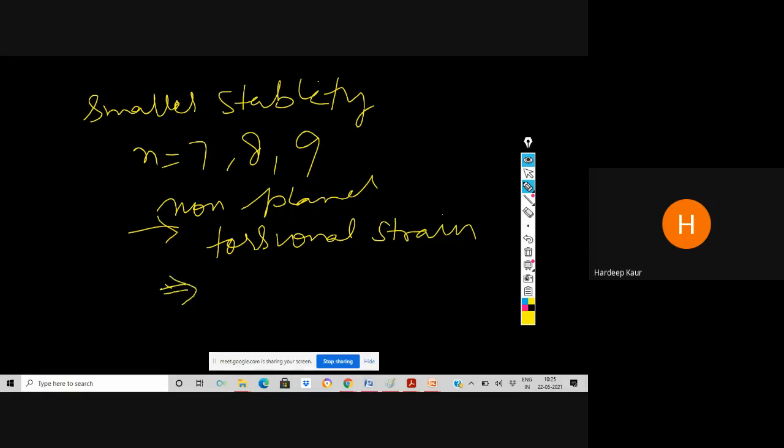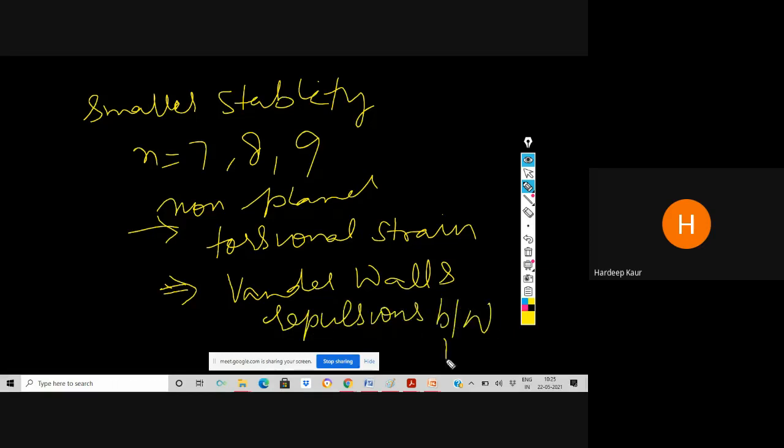Also, there are van der Waals repulsions between the hydrogens. So due to these two types of strain in 7, 8 and 9 membered rings, these rings are highly unstable and they exist in non-planar conformation to minimize these strains. Okay, so this is all about the conformation of smaller rings.